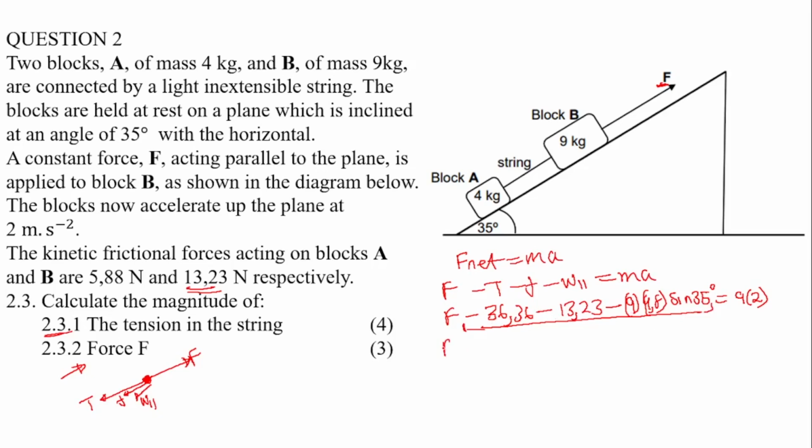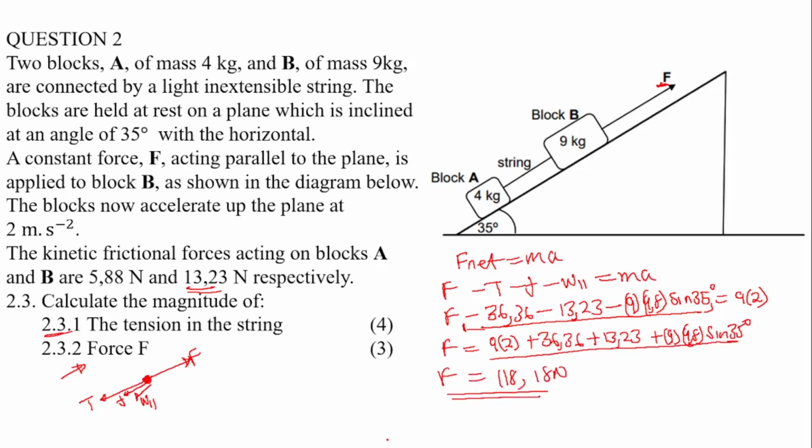But if you transpose, you can say F is equal to 9 times 2, then plus 36,36, then plus 13,23, and then plus 9 times 9,8 times sine 35, and then put this whole thing in the calculator. You will get that your force is equal to 118,18 newtons, rounded off to 2 decimal places.